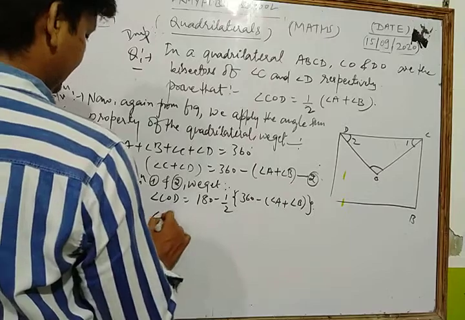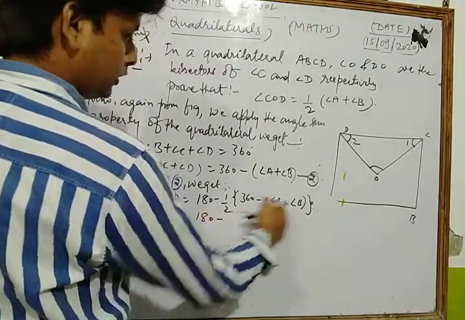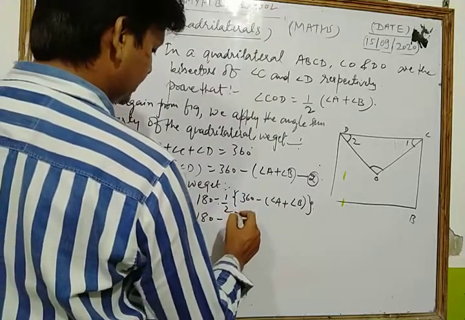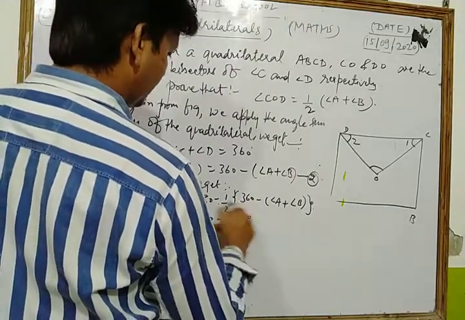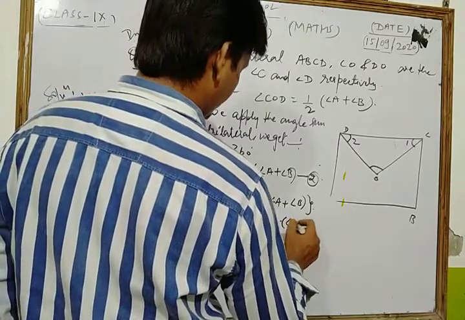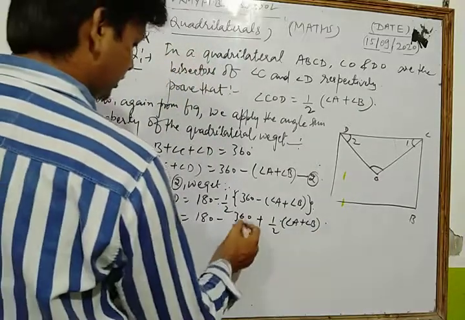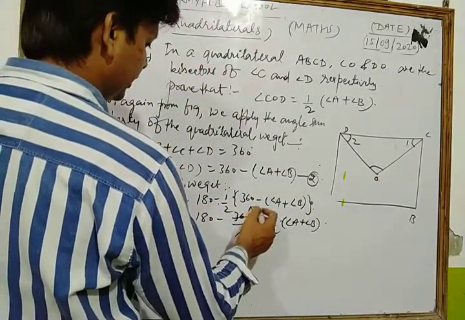Now we get angle COD is equal to 180 minus, we multiply 1 by 2 in both the parts, so minus times minus gives plus: 360 upon 2 minus minus plus half of angle A plus angle B. Now look, here 360 divided by 2 we get 180.